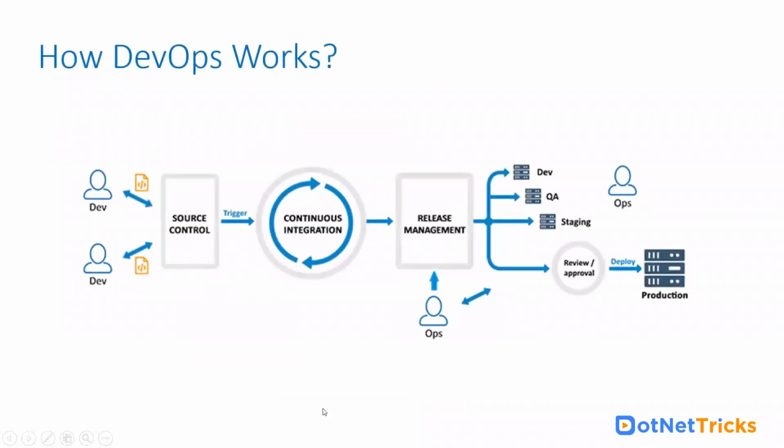DevOps works in this way. If you're working on an enterprise-grade application where you are using Microsoft Azure or any other cloud, I'm damn sure you are using a CI/CD pipeline. I'm damn sure you have a sprint planning tool.